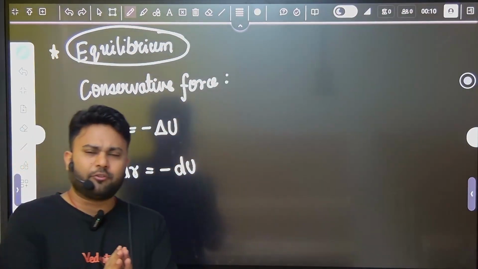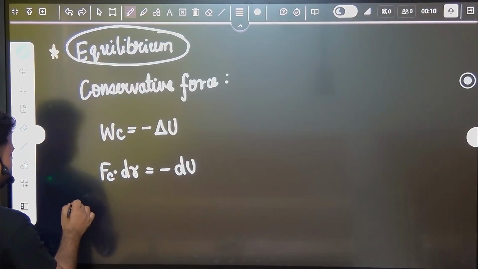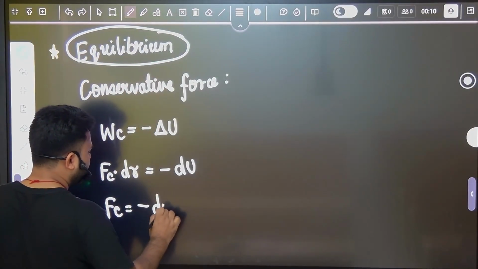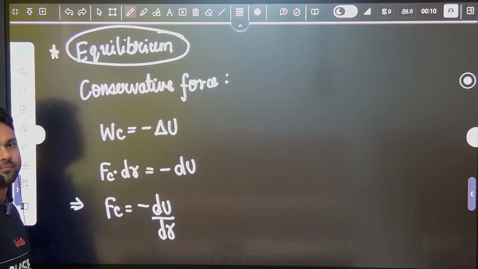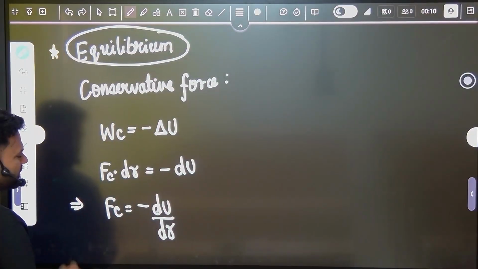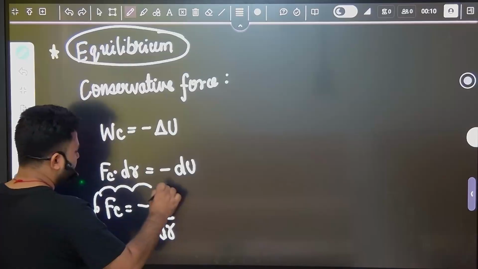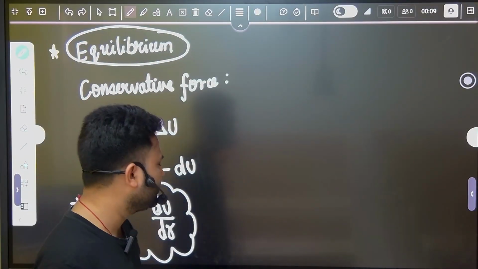So work done, normal formula, force F dot ds. So can I write from here Fc equals minus du divided by dr. See, this dr is going this side. So Fc equals minus du by dr. So this formula also you should remember: Fc equals minus du by dr.